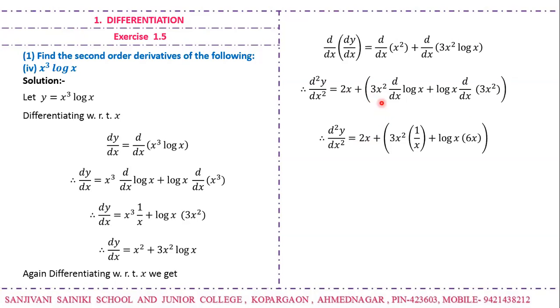Now the derivative of log x is 1 upon x and derivative of 3x square is 6x. This again 1 by x will cancel and 3x will remain. 3x plus 6x log x. Now 2x plus 3x is 5x, and we can take x common. So x times (5 plus 6 log x) is the second order derivative of the given function.